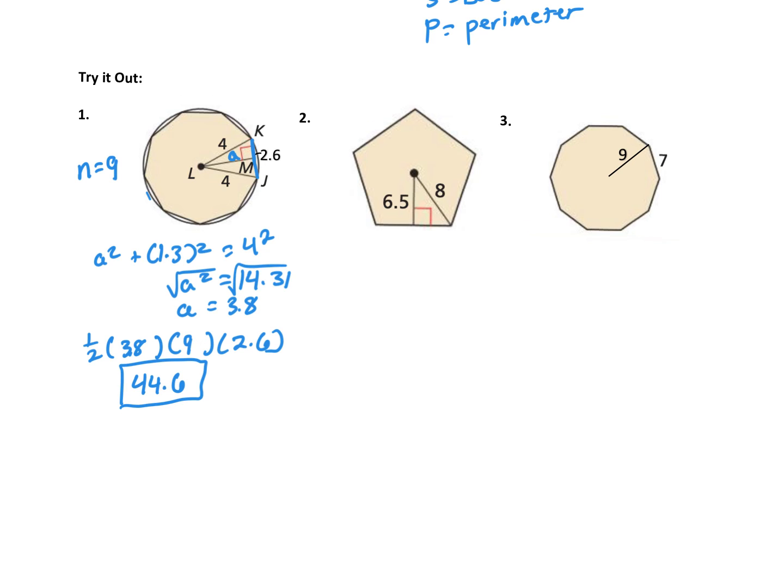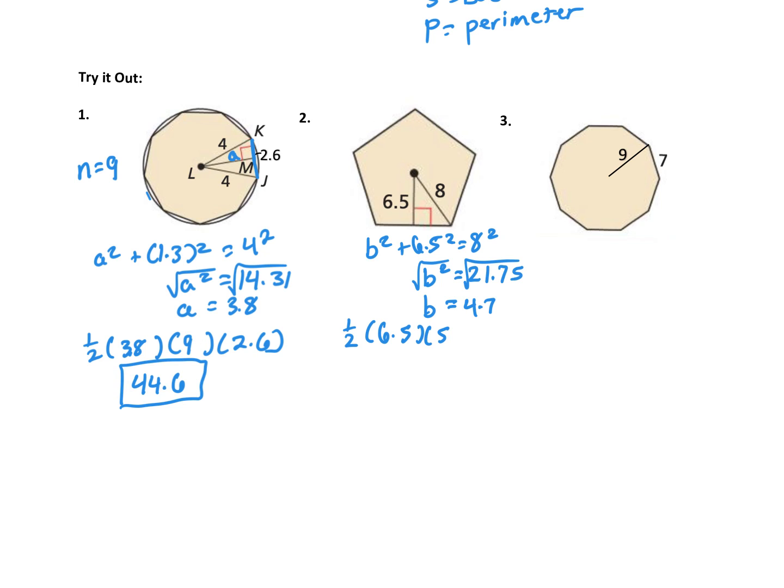The next one, Pythagorean theorem again. So this time we'll say B squared plus 6.5 squared equals 8 squared. 8 squared minus 6.5 squared gives us B squared as 21.75. Then square root it. B is then 4.7. We want to put that into our formula. So 1/2 6.5, which is our apothem.